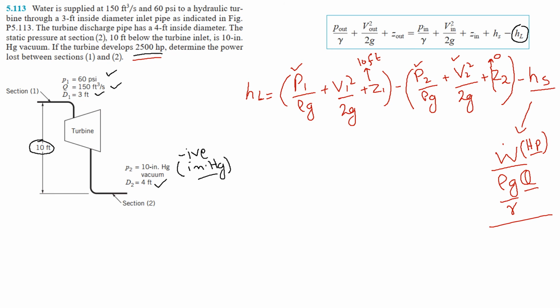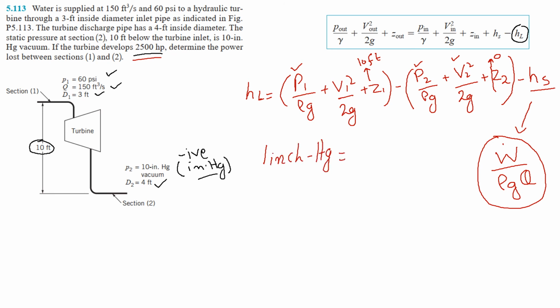So now we are going to find our velocities. We will first convert our pressure at P2 into pound per feet square. So 1 inch of mercury pressure is equal to 70.73 pound per square feet pressure.